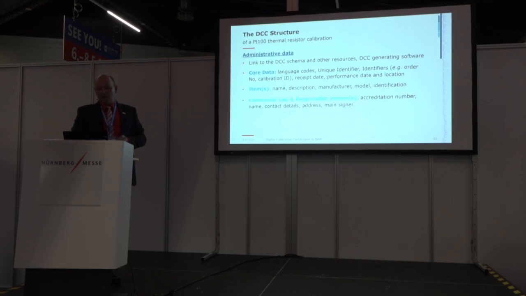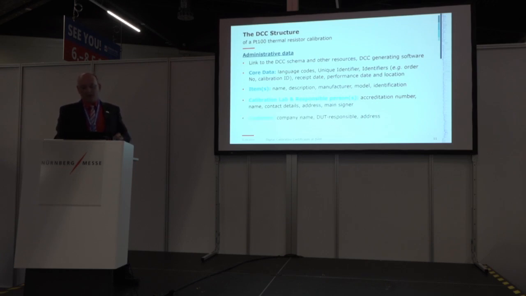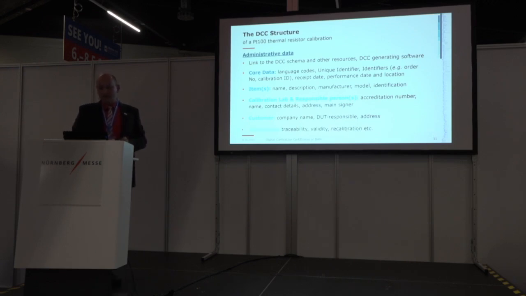We have information about the item itself, about the calibration lab and who was responsible for the calibration. We have the information on the customer, so everything that needs to be in a certificate is incorporated here. And a statement section where you can find statements about how is the traceability, what is the validity range of the calibration, maybe information when it should be recalibrated, and so on and so on.